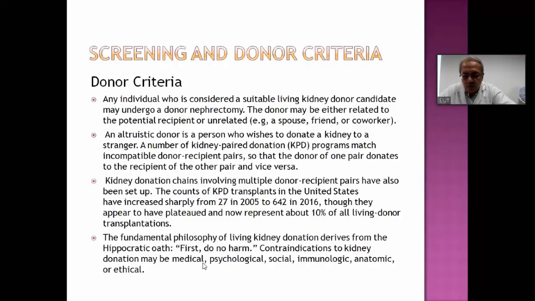But then you can extend this line of donation to, for instance, uncles or aunties and so on, but it has to be within the family. The other is a spouse, a wife or a husband, who are not blood related, they are emotionally related. So this is another term: emotionally related.